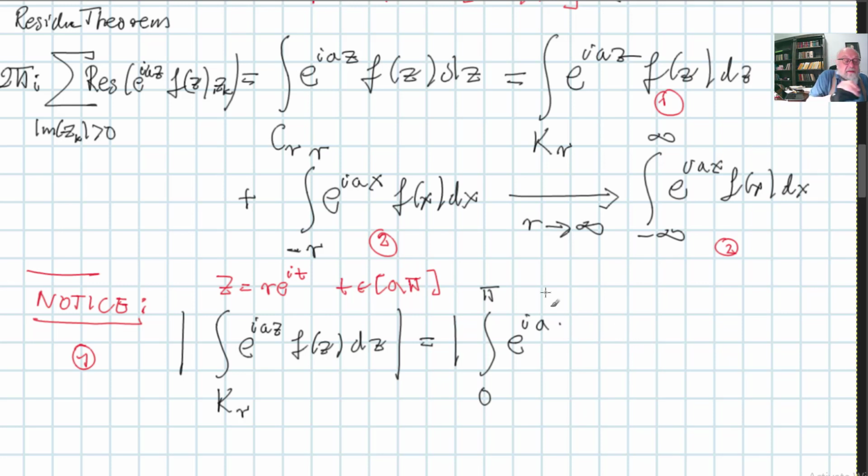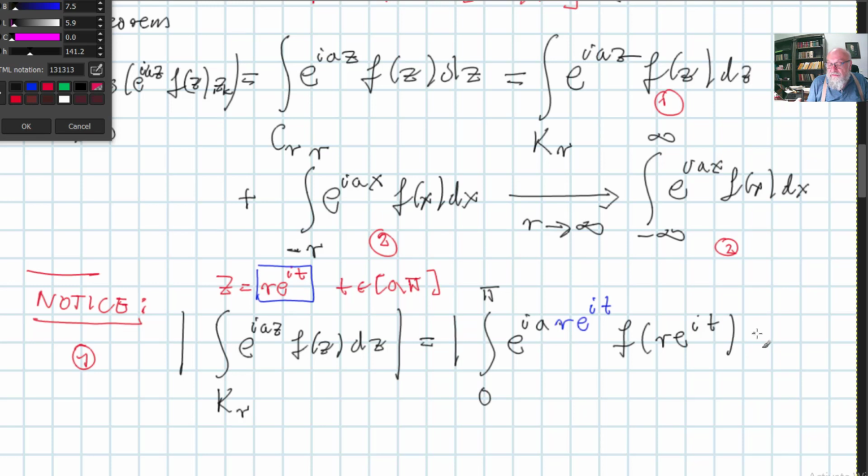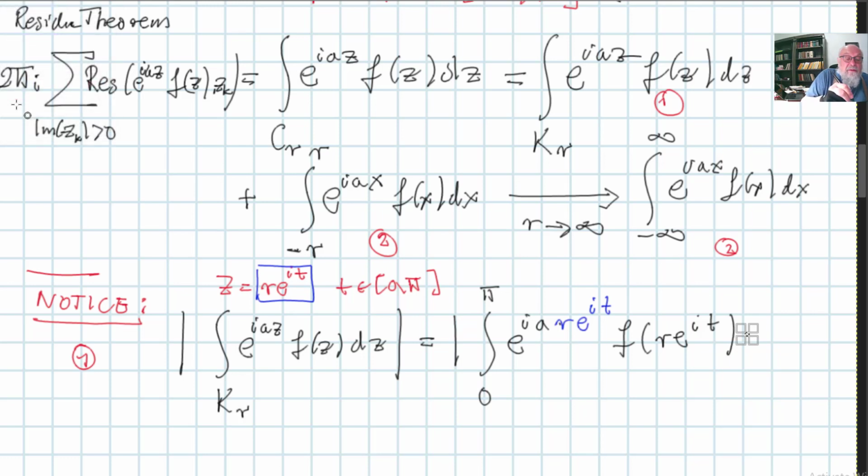sorry, I forgot something, r. So what is z? This is my z, so I replace it with r e^{it}, and then we have f of r e^{it}, and then the derivative of z, which will be i r e^{it}, and dt.